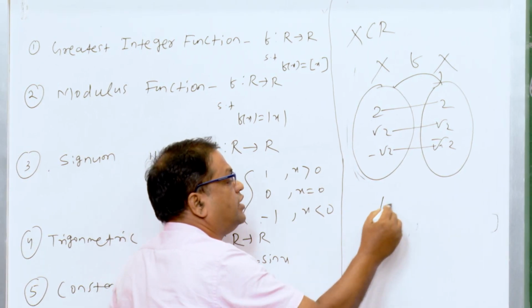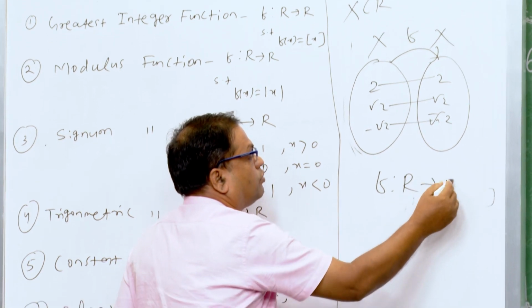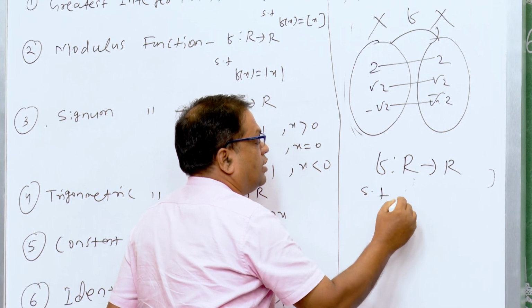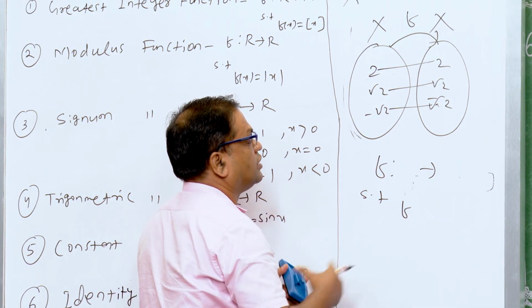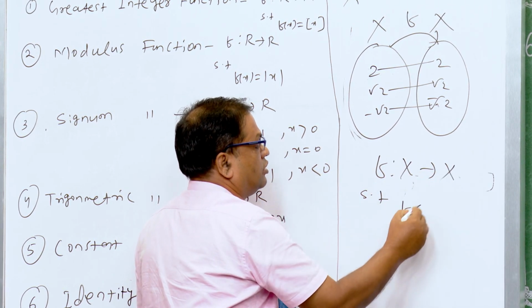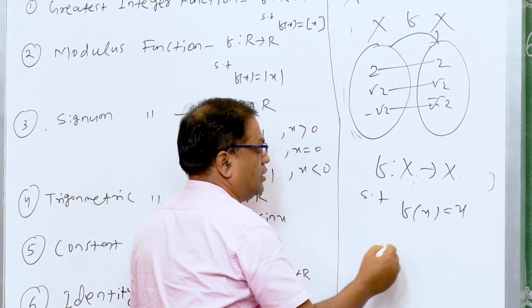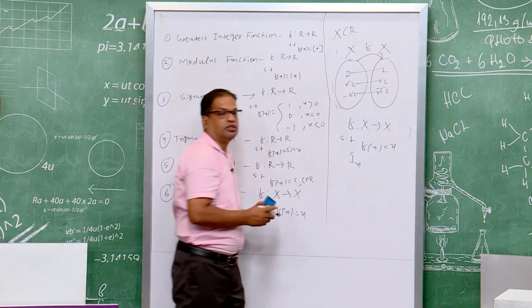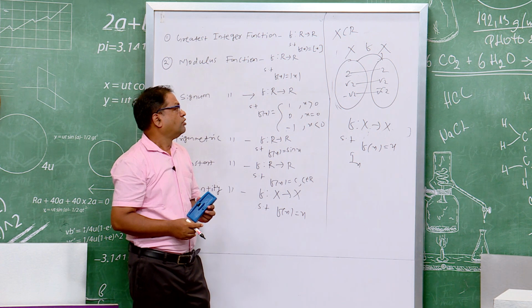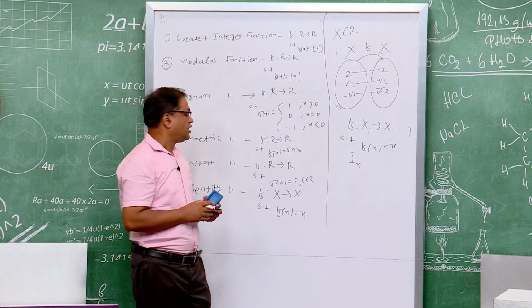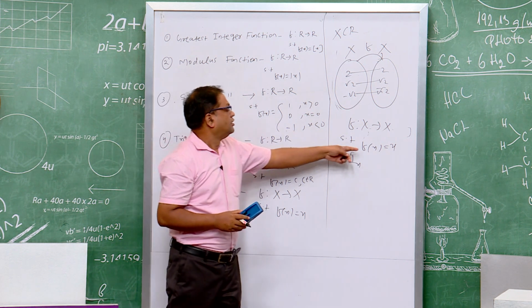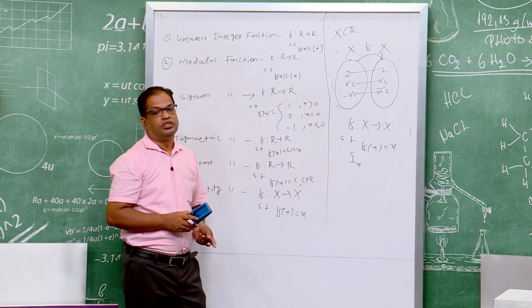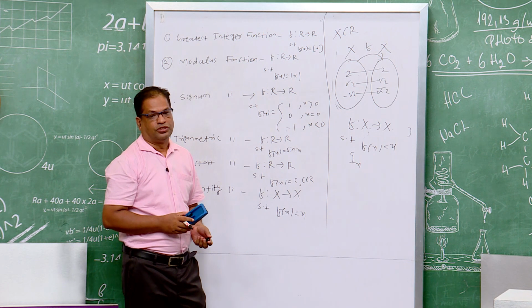So the identity function is f from R to R, written x to x. So f(x) equals x. This function is automatically 1-1 and onto; it is a bijective function.